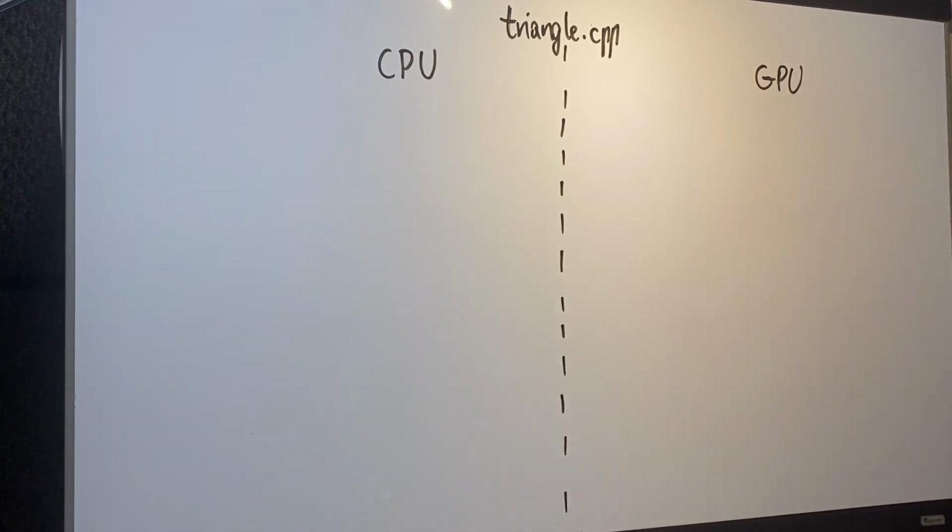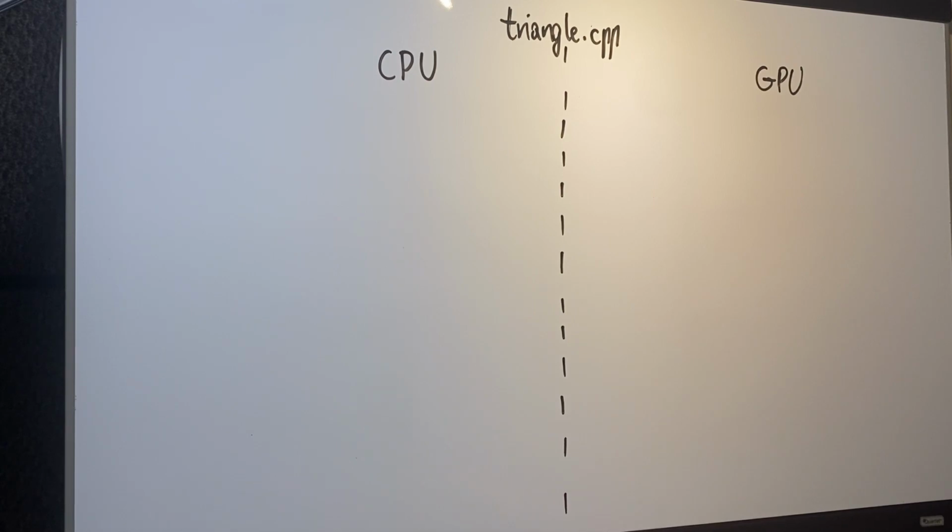Your CPU is just your standard host processor, usually Intel, sometimes AMD. And then your GPU is like NVIDIA, AMD. Now Intel is creating GPUs too, but that's your graphics processor, right?